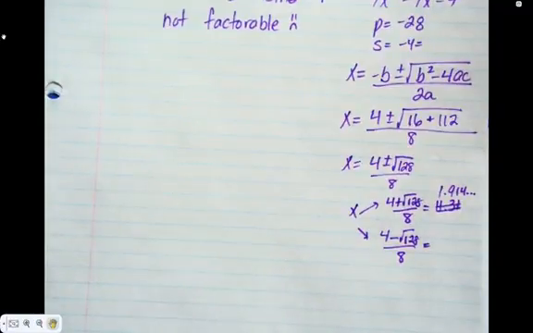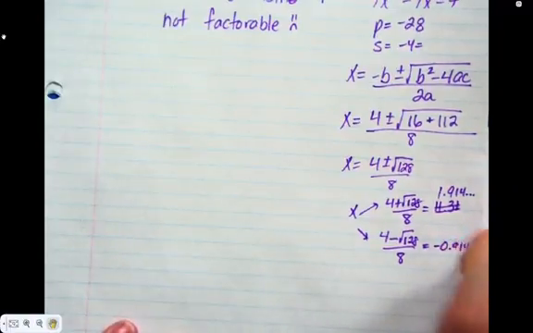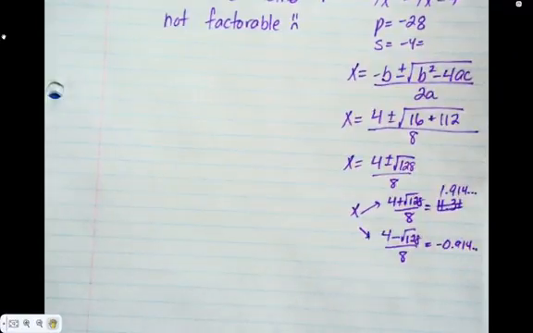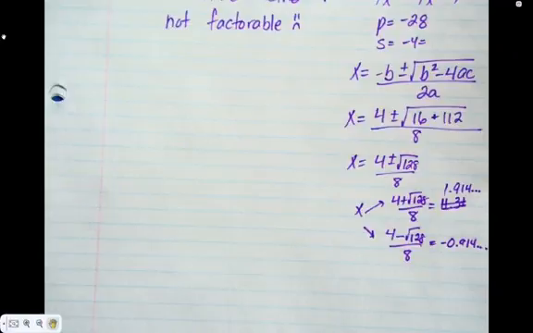Somebody just confirm that answer. Negative 0.914 dot, dot, dot, dot. Can someone confirm that one?